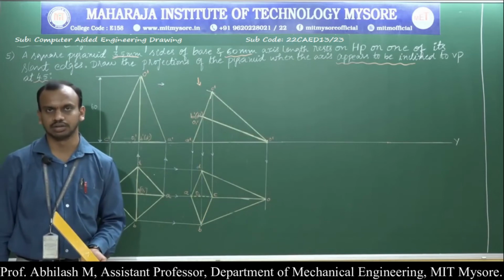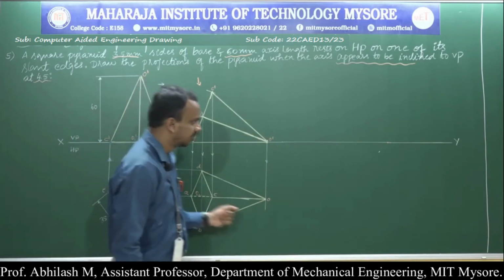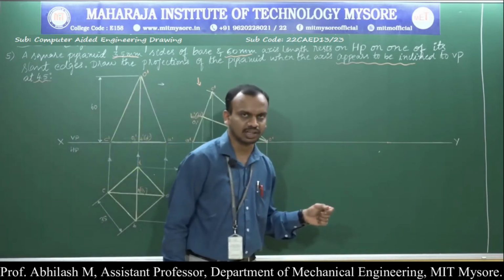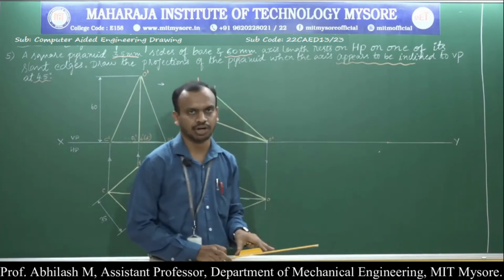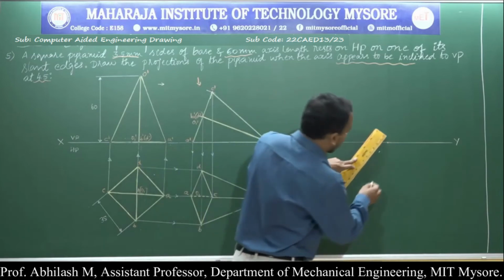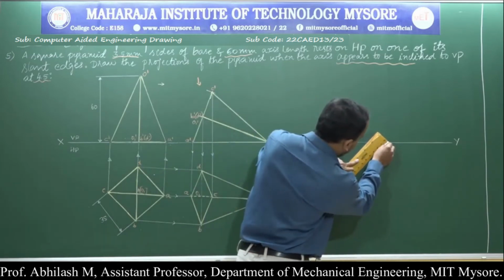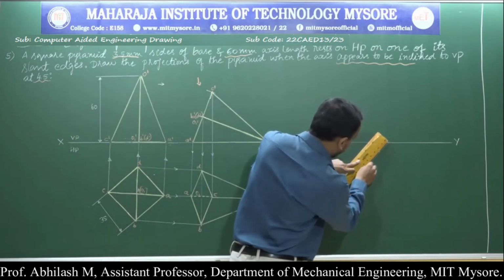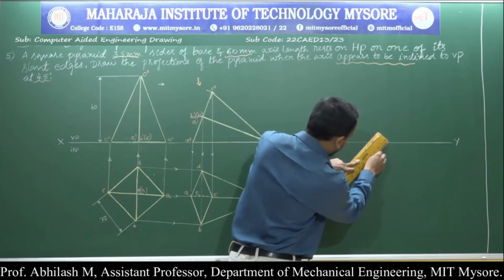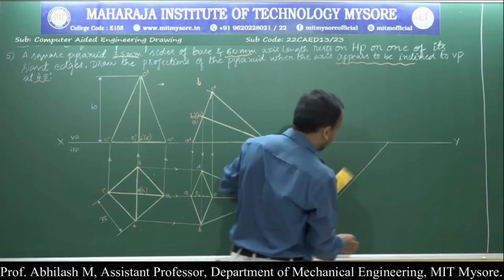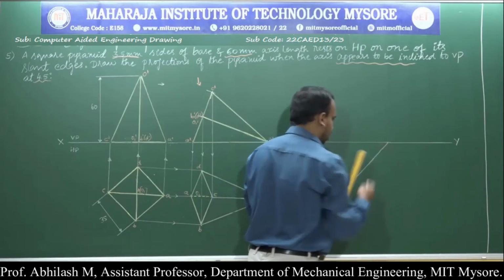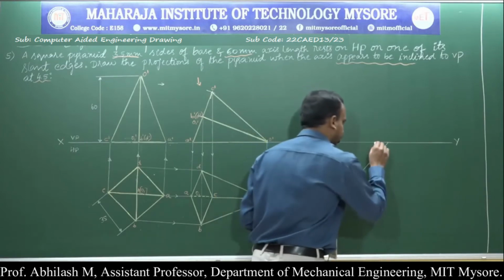Okay. Now let us begin with the final position, where they stated that the axis appears to be inclined at an angle of 45 degree. So I am drawing a line which is inclined at an angle of 45 degree. Indicate the angle, that is very, very important.